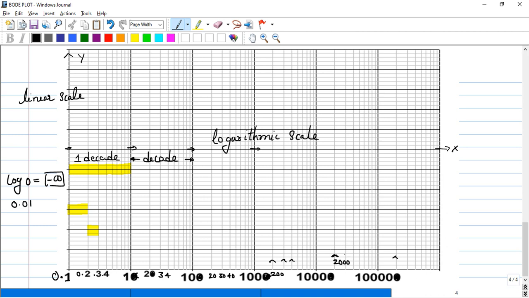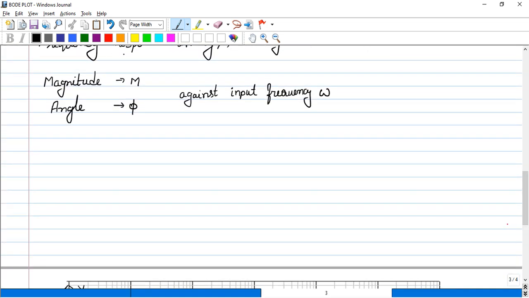Even in Bode plot, we draw two plots. The first plot is the magnitude plot, where we represent on the y-axis the magnitude in dB, and on the x-axis the log omega values.